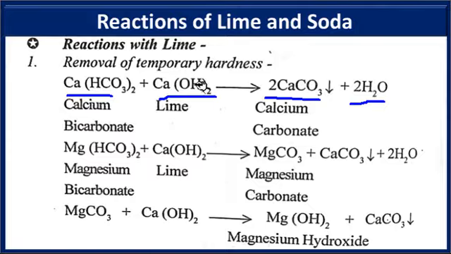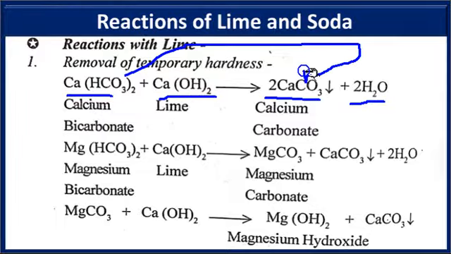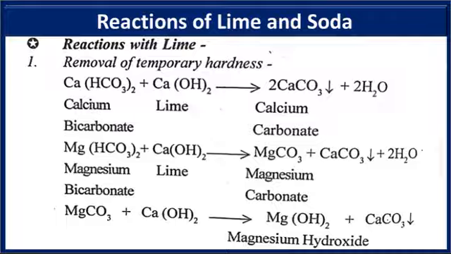Because when lime reacts with calcium bicarbonate, it converts the calcium bicarbonate into calcium carbonate, which is the insoluble form. That means it can be removed by filtration. So for removal of calcium bicarbonate, 1 mole of lime is required for 1 mole of calcium bicarbonate, right?